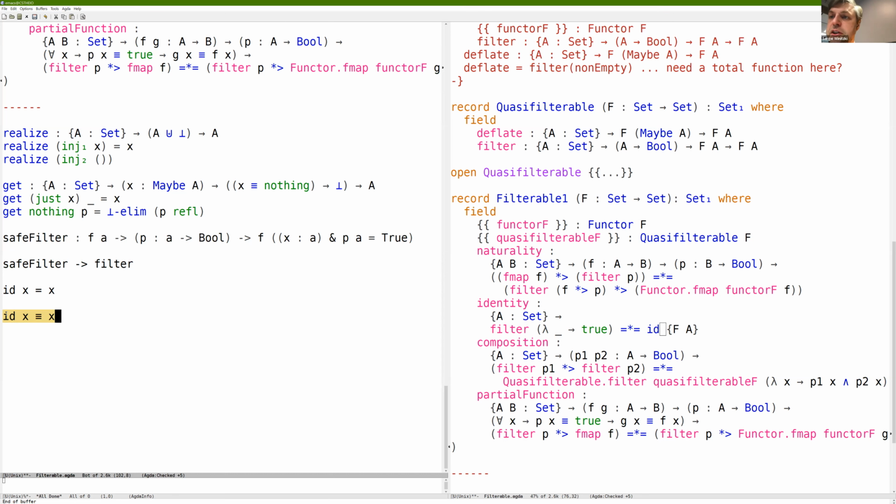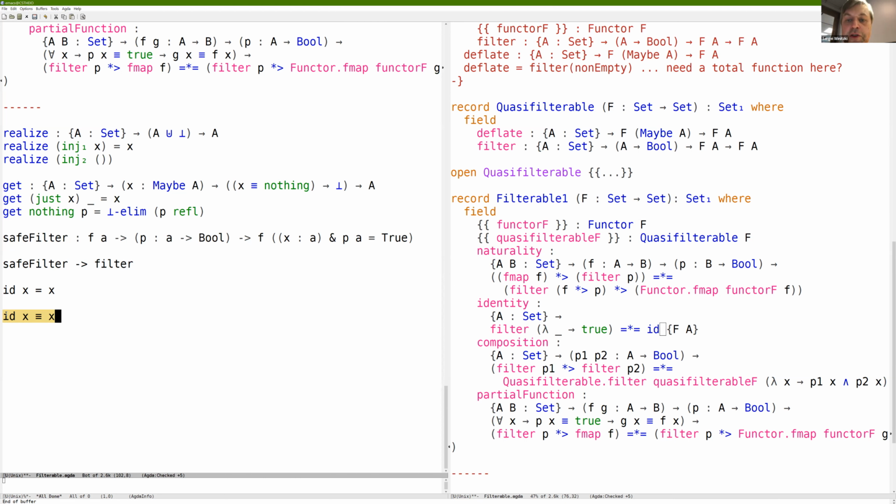So what they first said is that if the predicate returns true on every element, then the data structure remains unchanged. Okay, but that is essentially the same as the partial function.